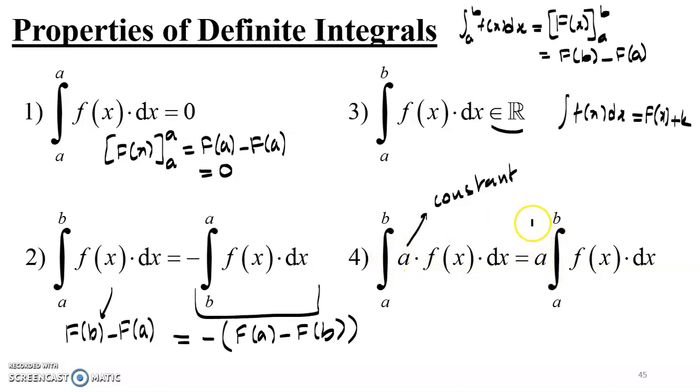So we can, if you want, take that constant outside the integration, but that property only works when a is constant. If a is variable, we cannot in fact multiply the integral of f of x by a, the same way you'd see in this property here.